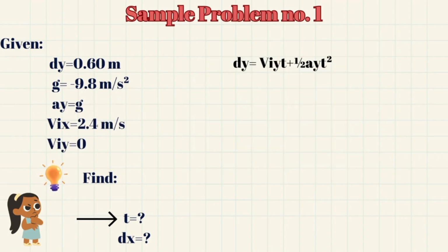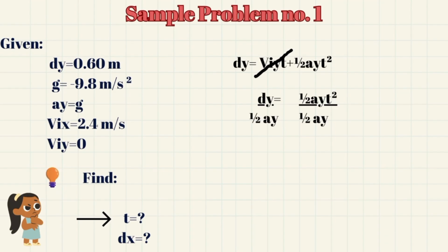We are going to use this formula: dy equals Viy t plus 1/2 ay t squared. You can cancel the first term already since Viy is equivalent to 0. To solve for t, we divide both sides by 1/2 ay.